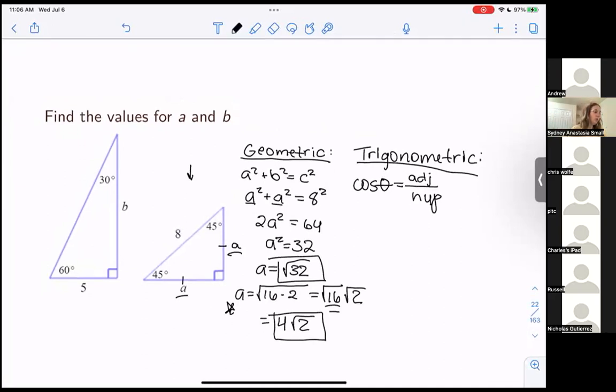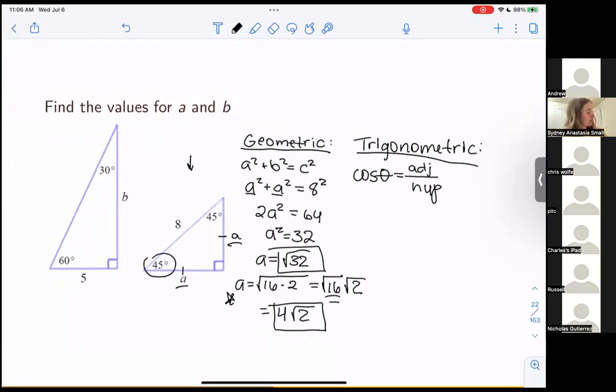Well, we don't know what the adjacent side is here, but we do know what theta is. In our case, theta, no matter which theta we choose, is 45 degrees. So we can say that the cosine of 45 degrees is equal to the adjacent, which regardless of which angle we look at, the adjacent side is A, over the hypotenuse, which we know is 8.